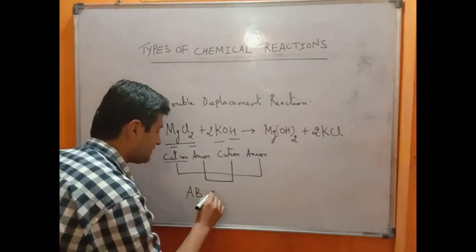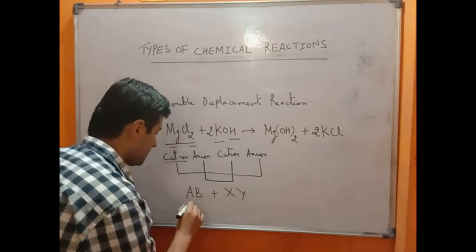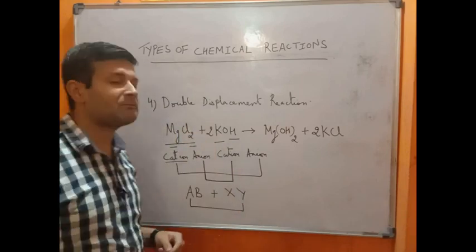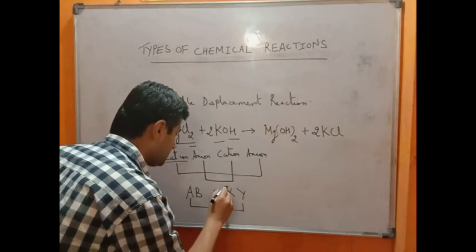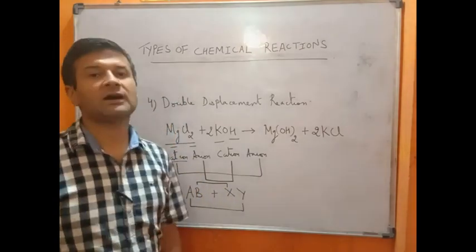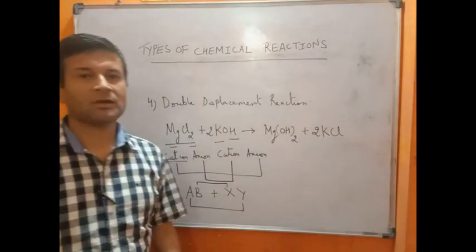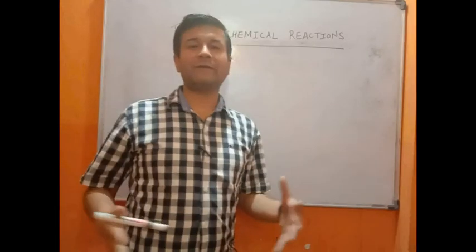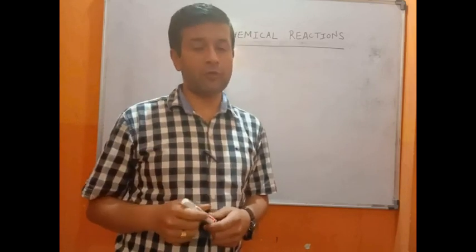Generally we can write it in this way also, that A forms a compound by combining with Y, and X makes a bond with B and forms the other compound. So in double displacement reaction, there is a formation of two different compounds.